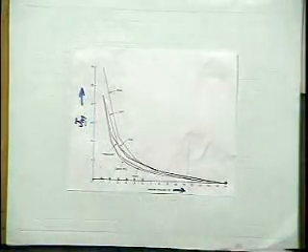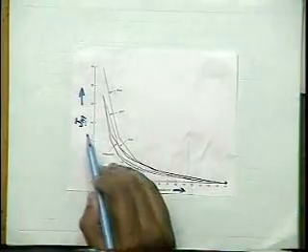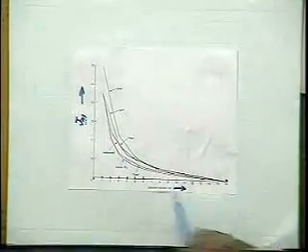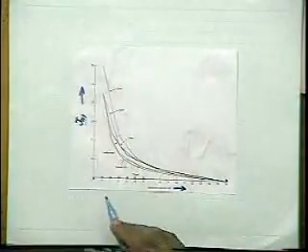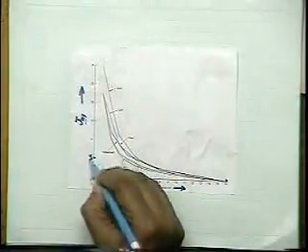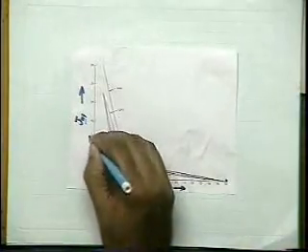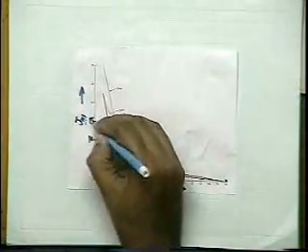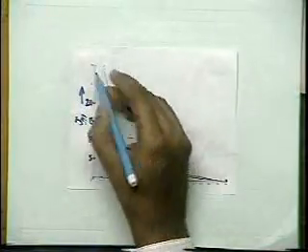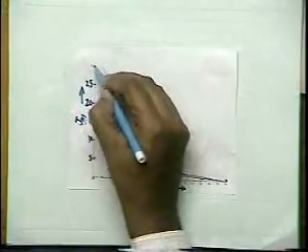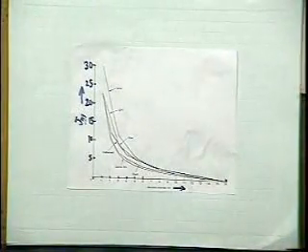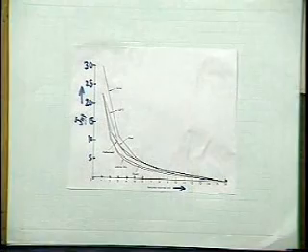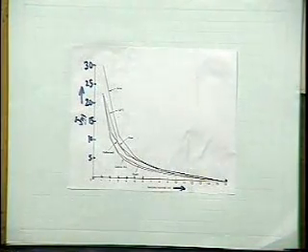We have represented the mean square error in terms of percentage on the y-axis. This is the mark for 5%, this is for 10%, 15, 20, 25, and this is for 30%.